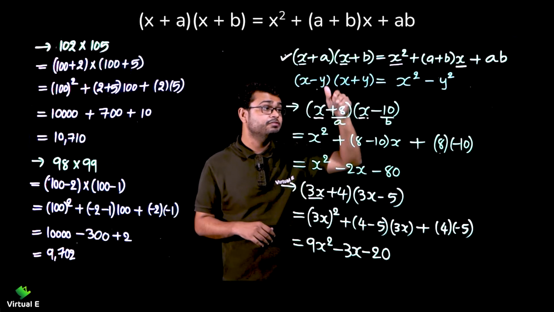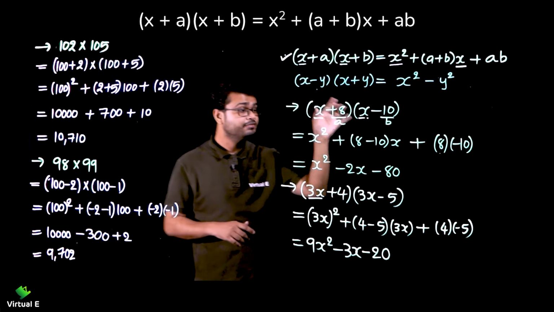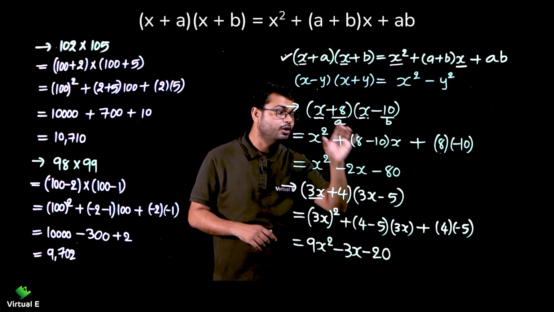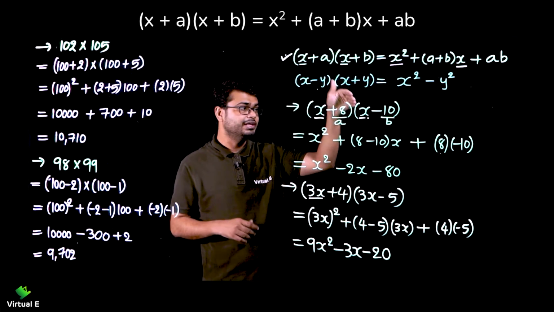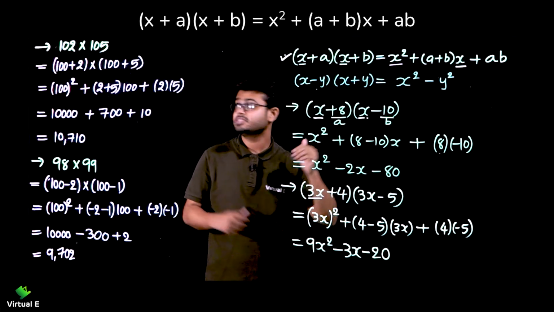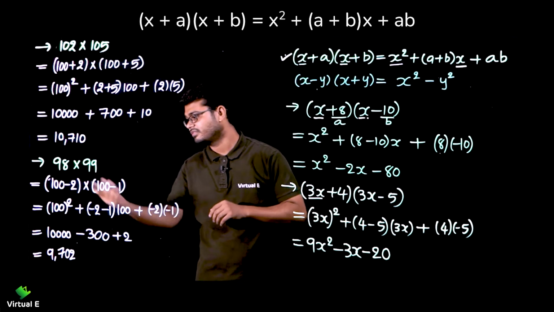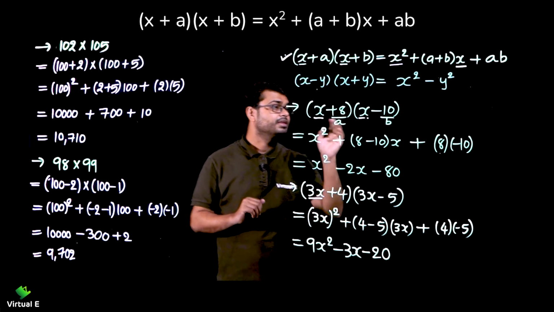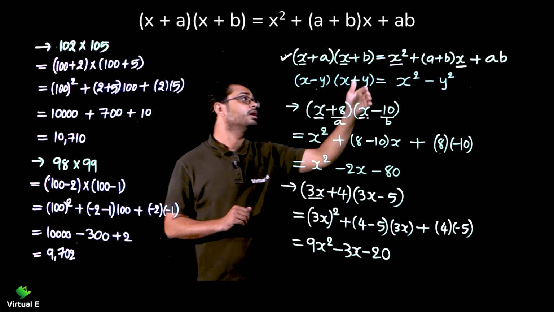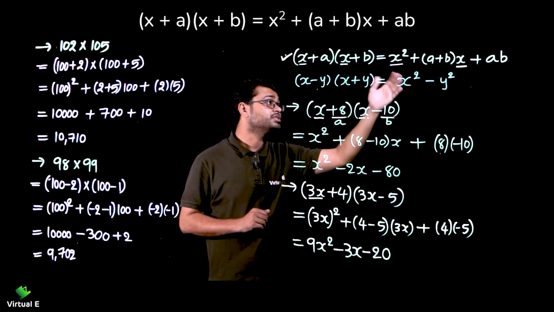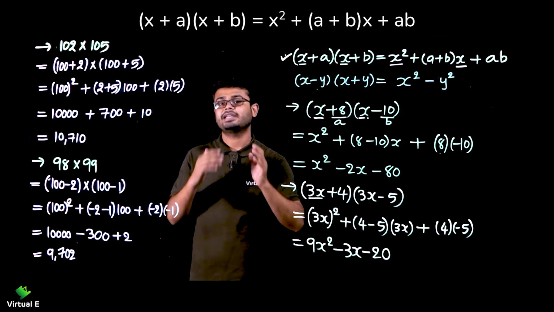Maybe you have positive or negative, but if it is negative, do not forget to take the sign along with that number, like we have taken in this case and in this case, and I believe in this case as well, because both of the numbers here are negative. Then you need to apply the identity. Put your numbers properly, simplify in the correct way and get the answer.